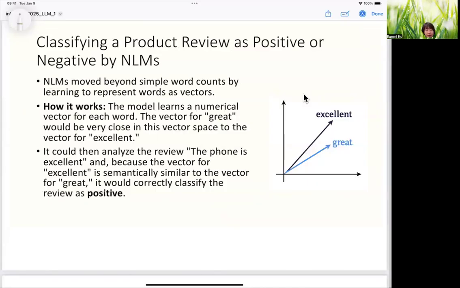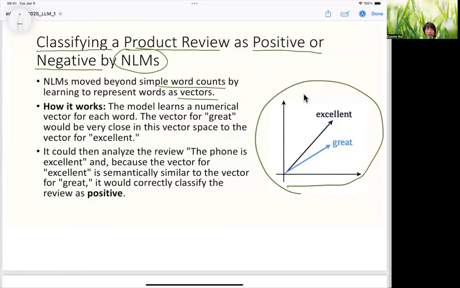This is an example of, again, classifying a product review as positive or negative, but by the neural language models. It goes beyond the simple word count, and represents words as vectors like this. So it shows now that "excellent" is similar or close to "great."